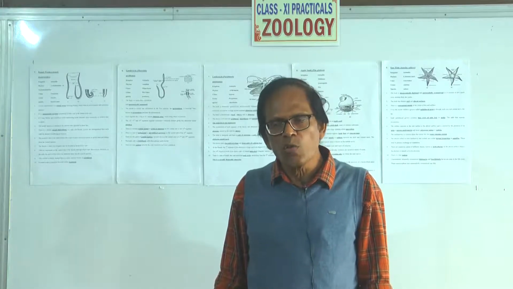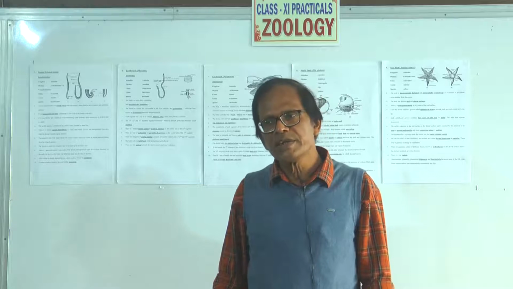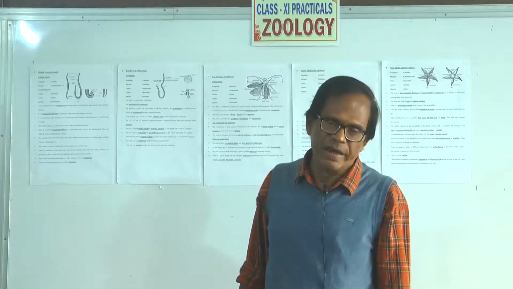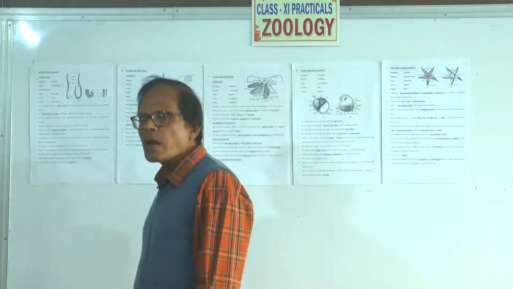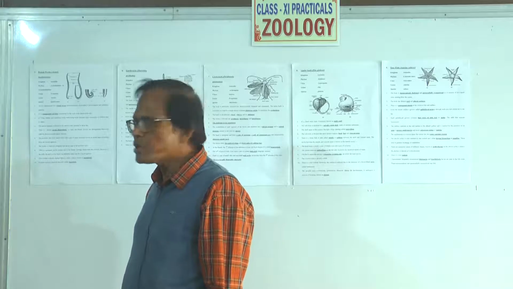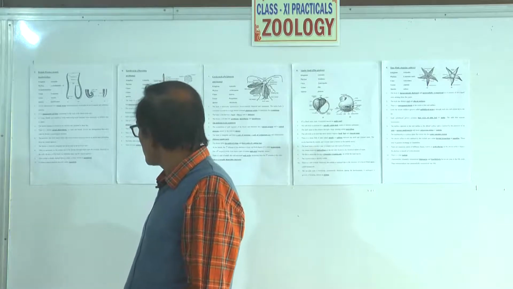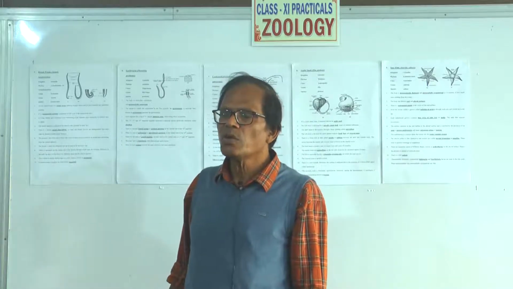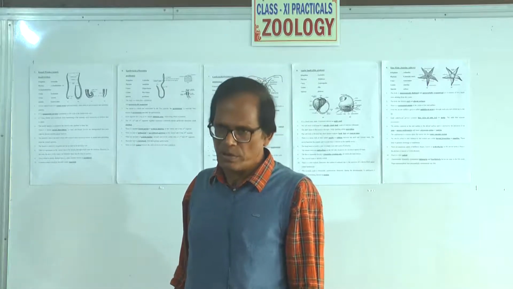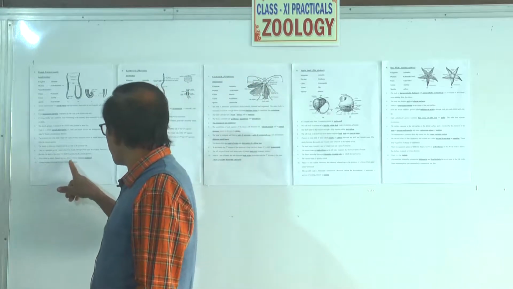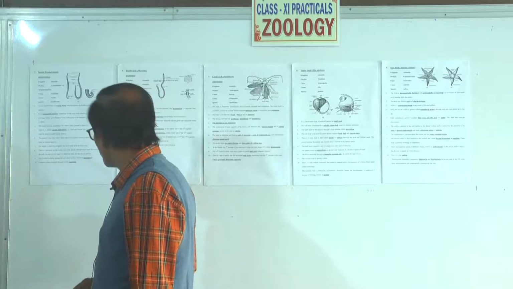A false coelom is a cavity which is never lined by mesoderm on either side. This is one of the important distinguishing features of Ascaris because this feature is present in only a few animals, not in all. The true coelom is absent, instead there is a false coelom known as pseudocele.